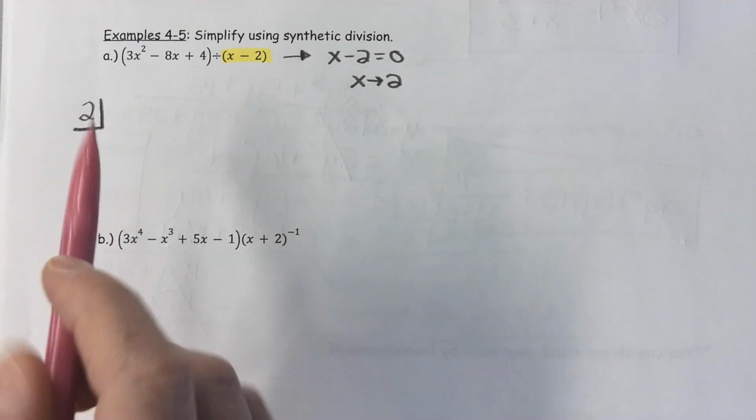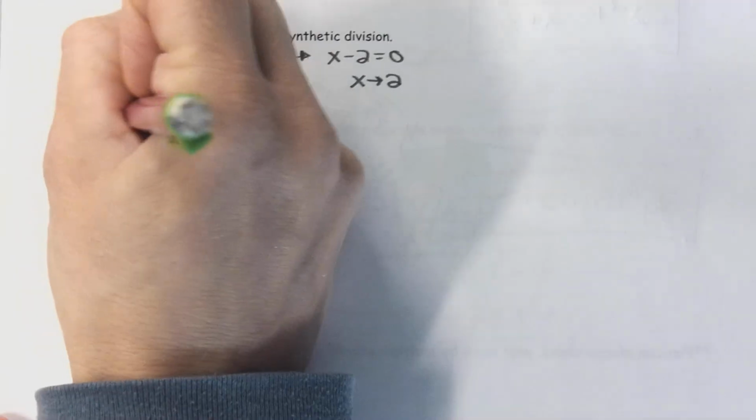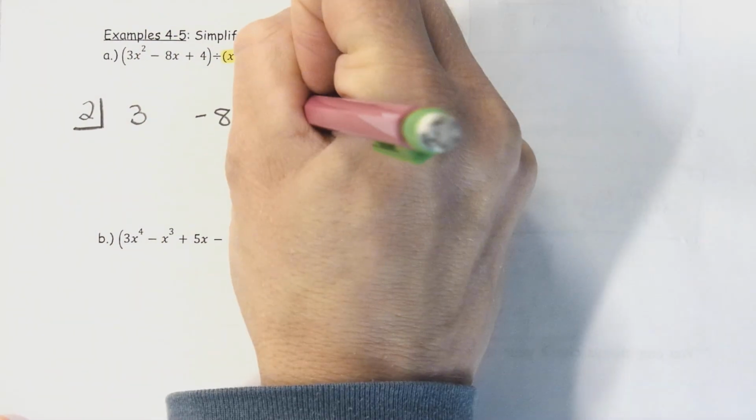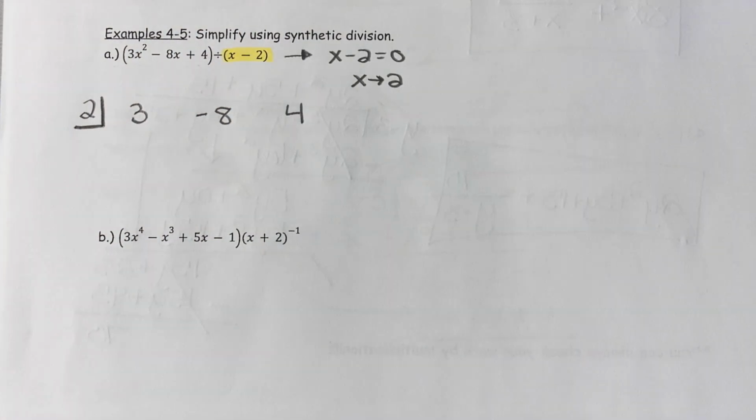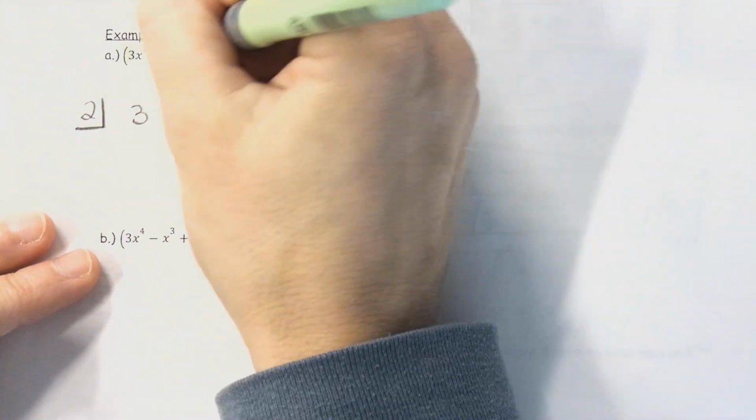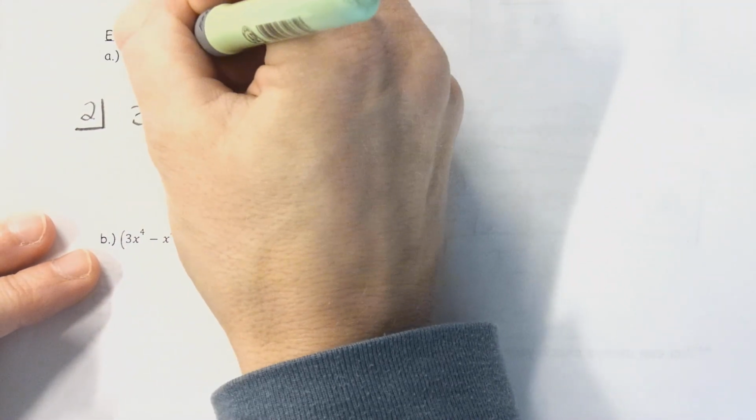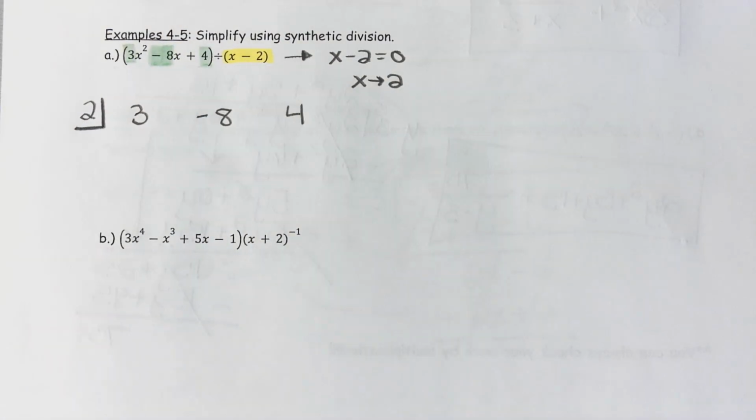Then you're going to take the coefficients only. So the 3, the -8, and the 4. So you're only taking the numbers. So I'm taking this 3, this -8, and this 4.